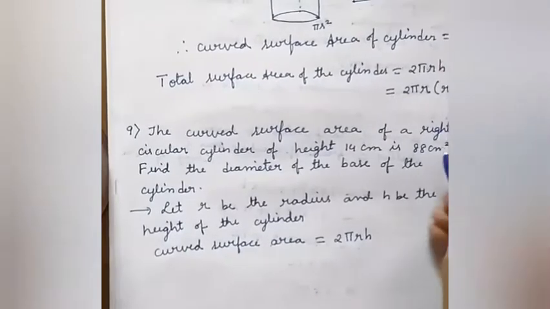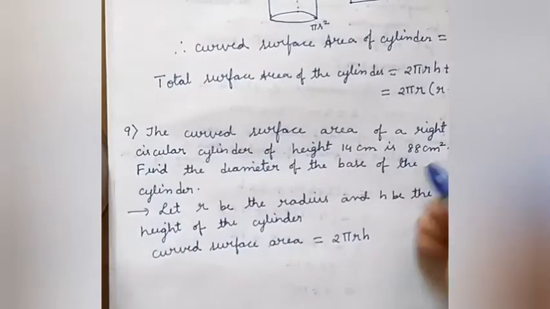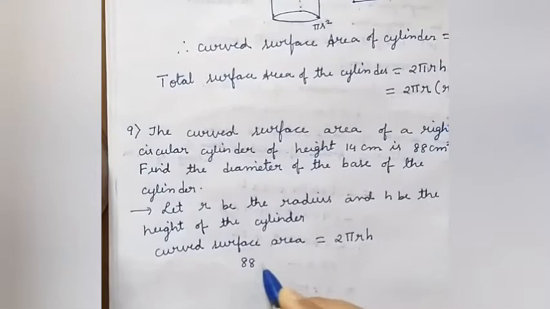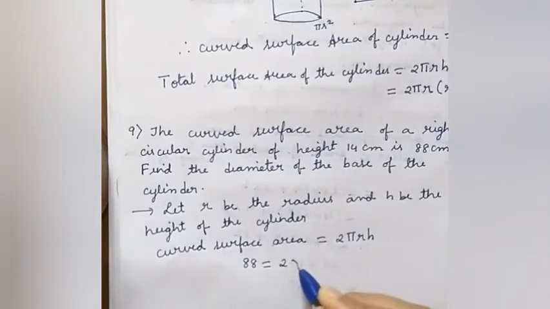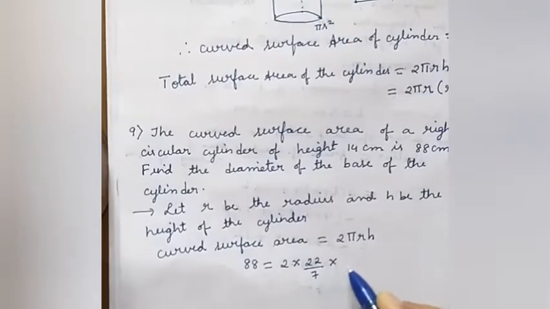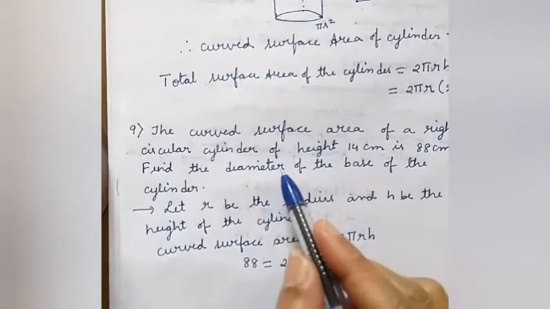And in the question it is said that curved surface area is 88 cm square, which is equal to 2 into pi, which is 22 divided by 7, into r. We are asked to find the diameter.